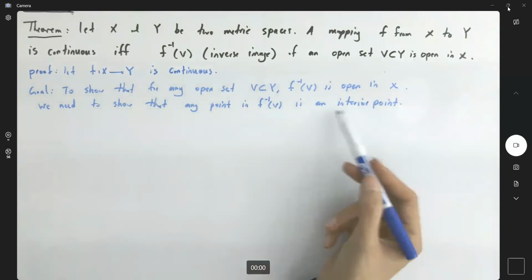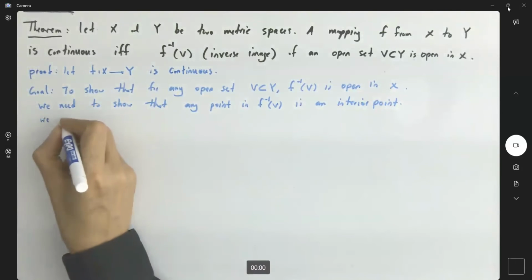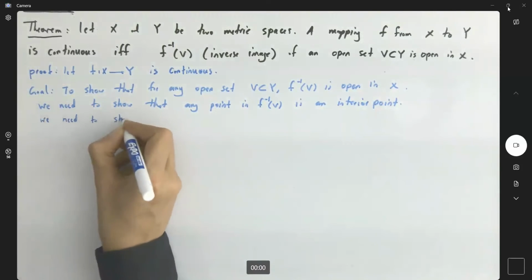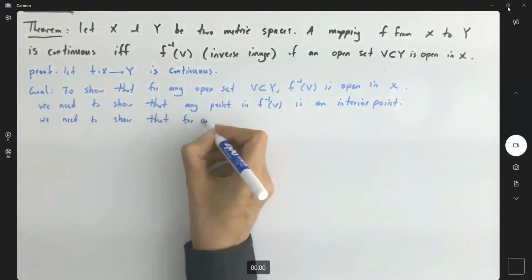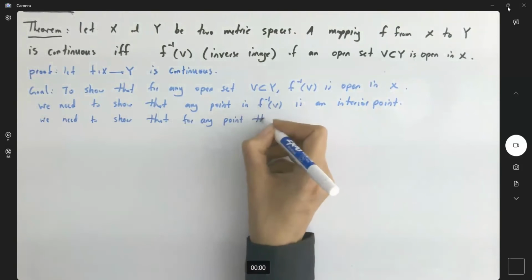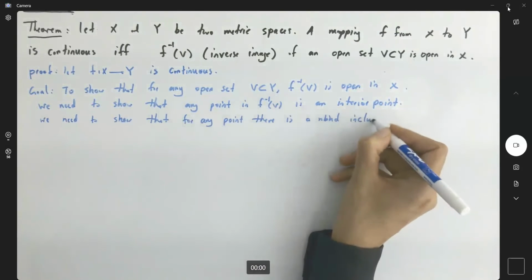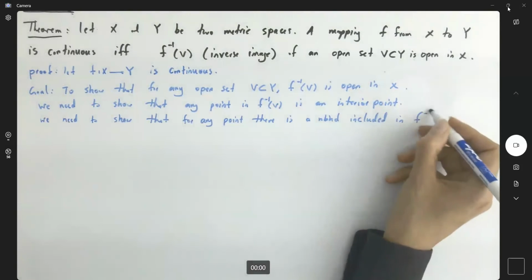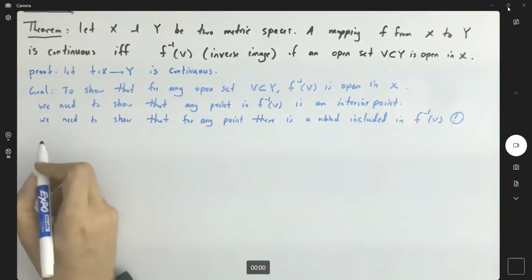It means that we need to show that for any point in the inverse image of V, there is a neighborhood included in the inverse image of V. Let's put a question mark here. This is our goal. This is what we're trying to prove. So let us begin.